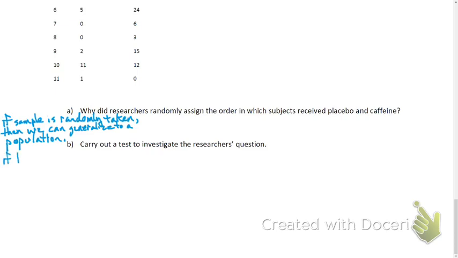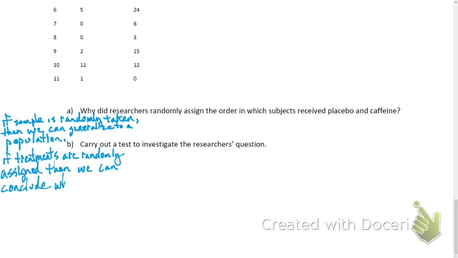If treatments are randomly assigned, then we can conclude whether there is an effect or not.